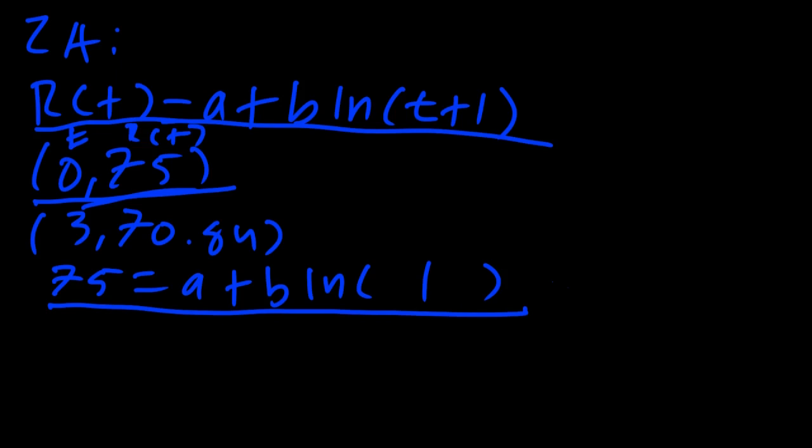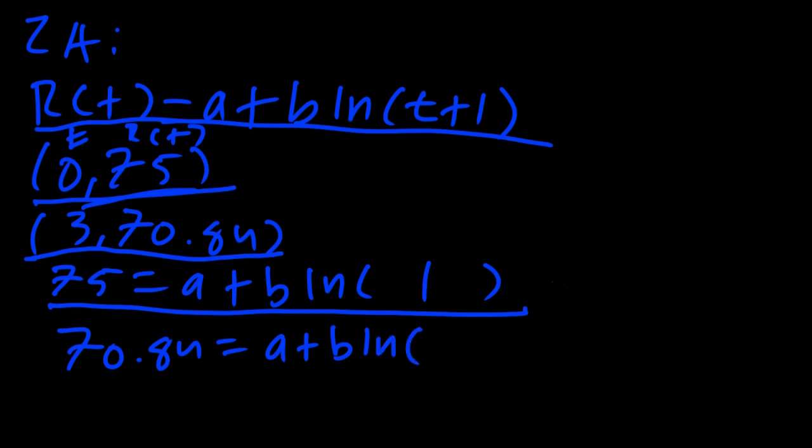So what about our second equation? We can use the same logic as our first equation to construct our second equation. So now we're going to use this set of coordinate points. So what can we plug in for r of t? We can plug in 70.84 and then write down the rest of the equation.